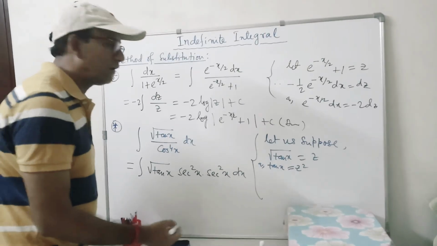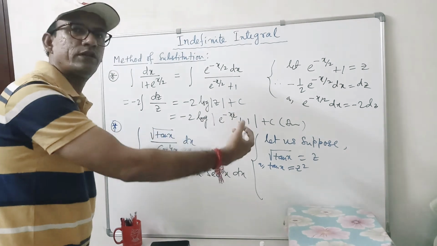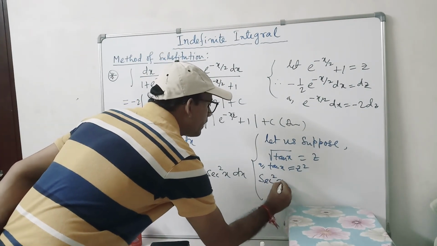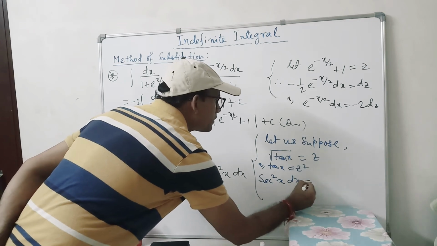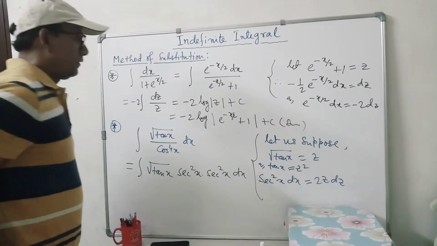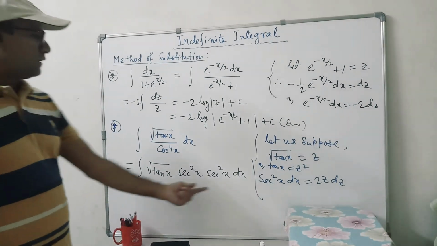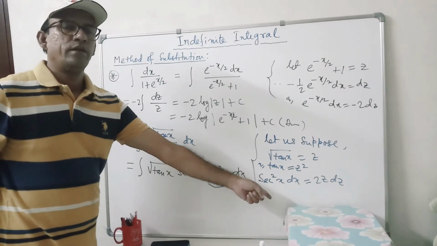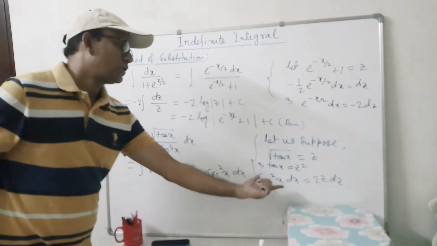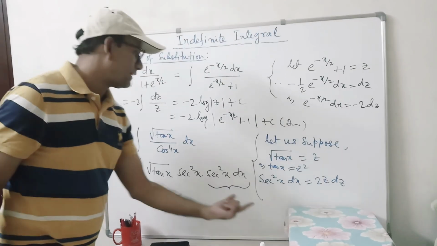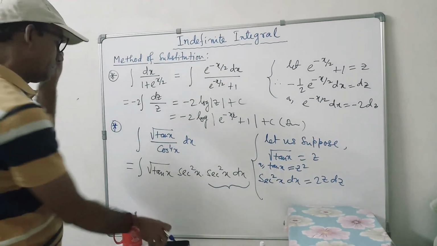So this will give you, after taking differentials of both sides, sec square x dx equals 2z dz, right? See, this part has come on the left hand side. So just replace sec square x dx by 2z dz in this integral.